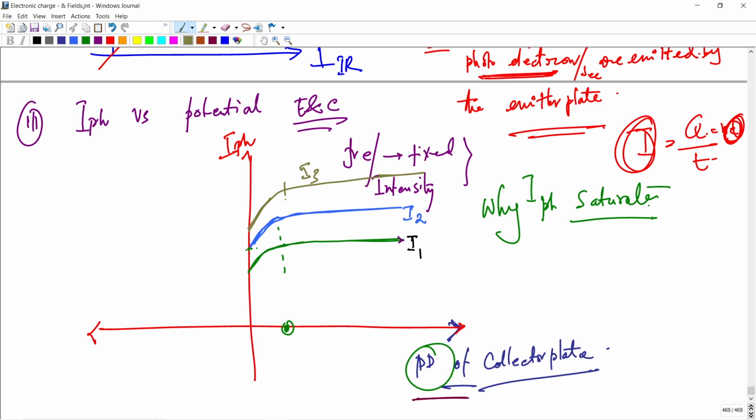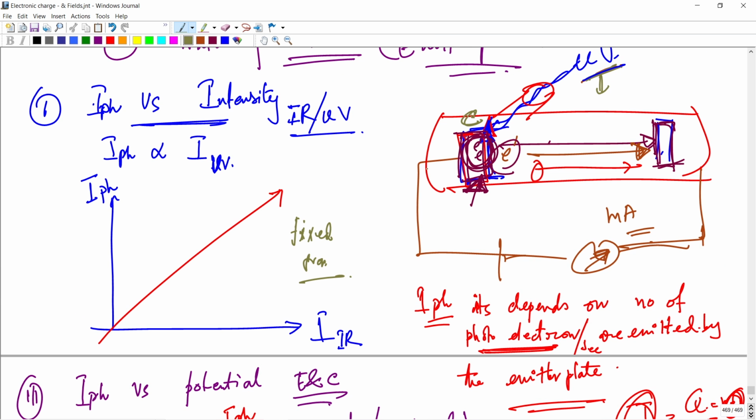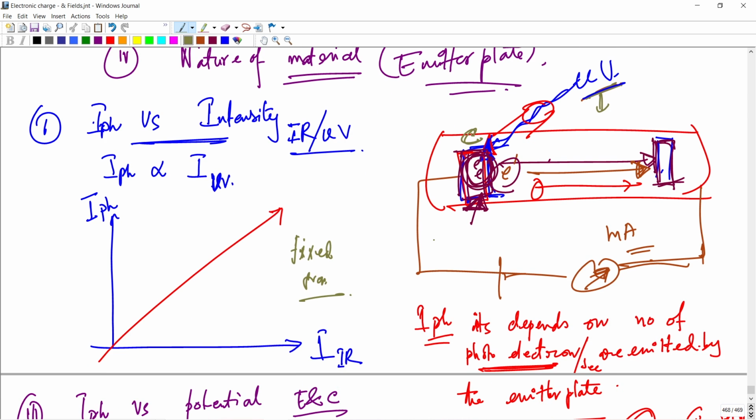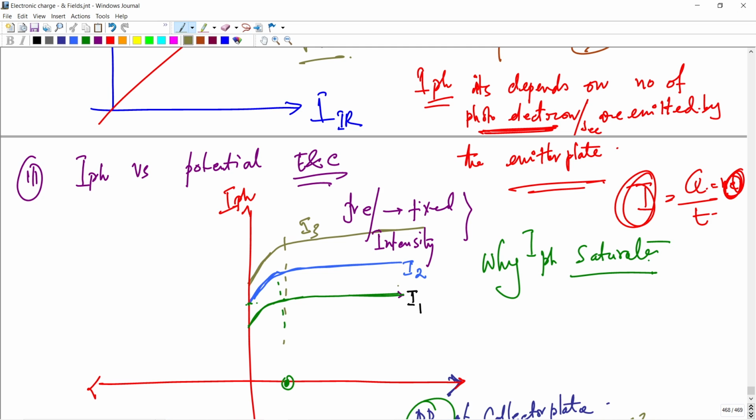After some potential value, all photoelectrons are in the acceptor plate. If intensity increases, a few more free electrons are emitted, so we get more photocurrent. Here we see that the saturation value increases. If I3 is greater than I2 is greater than I1, you see in the diagram the saturation current, I_SAT, increases.